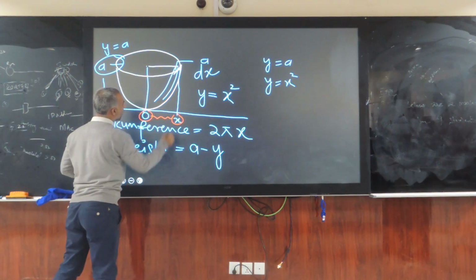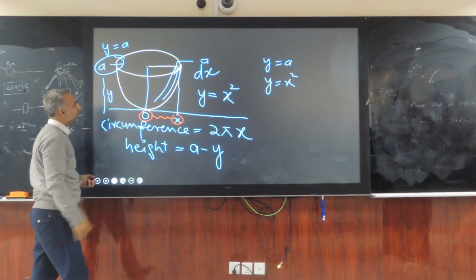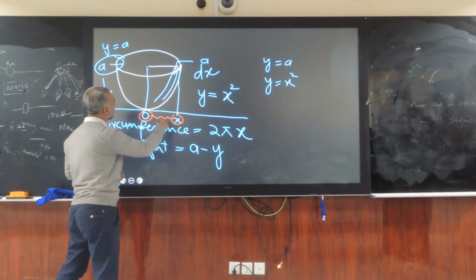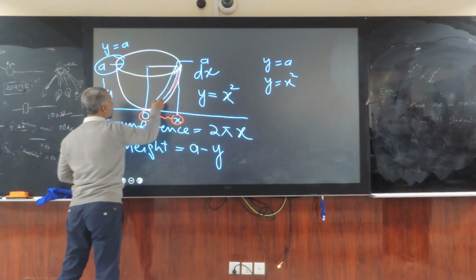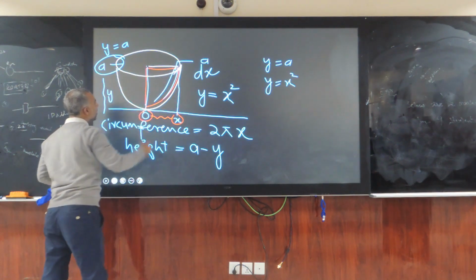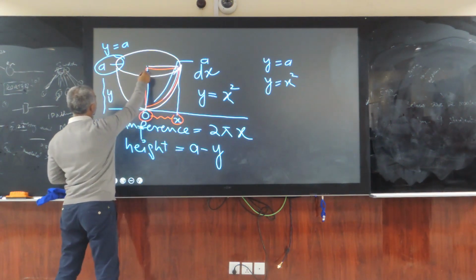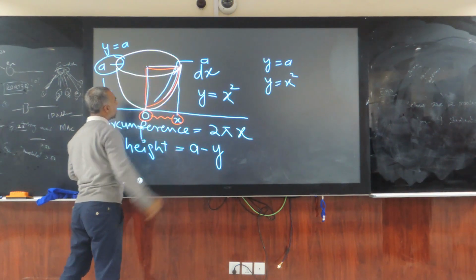we want to determine the volume of each shell, or you can say we want to determine the volume inside this curve. Of course, it is revolving around the y-axis.